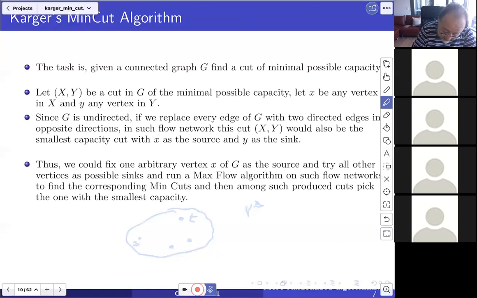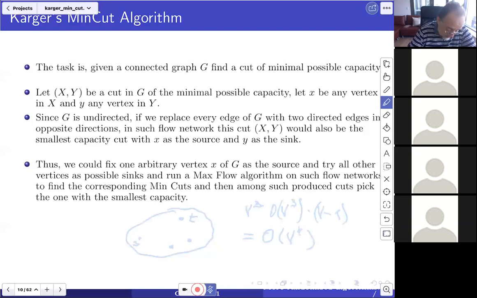So in total, you will have O of V cubed times V minus 1, and of course, this is O of V to the fourth power, which is extremely slow because in practical applications, the graphs for which we are looking for the min cut tend to be very large, with vertices on the order of thousands, if not more.